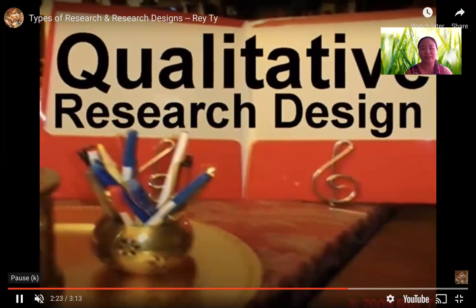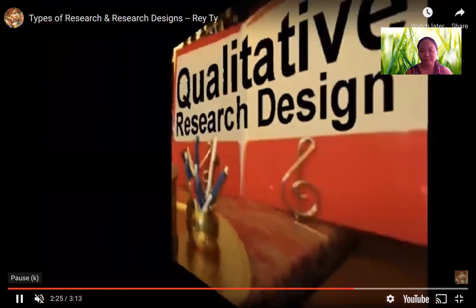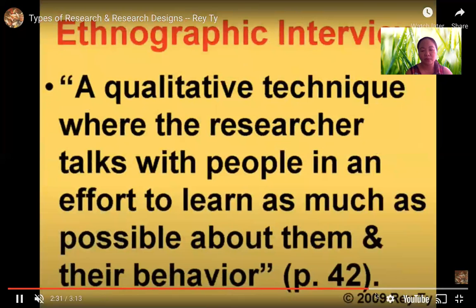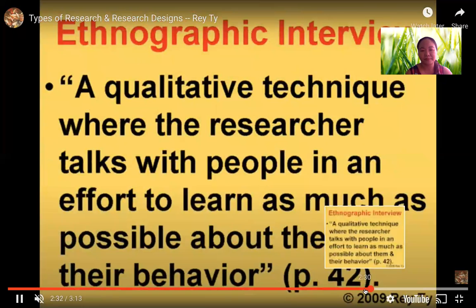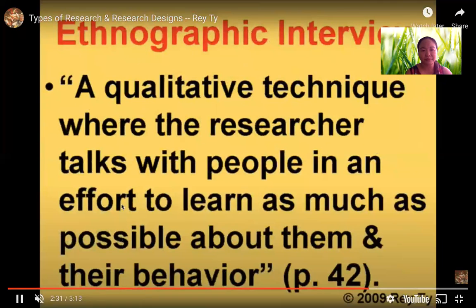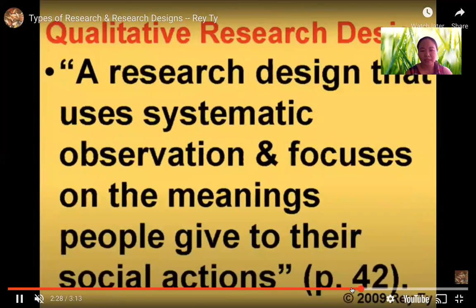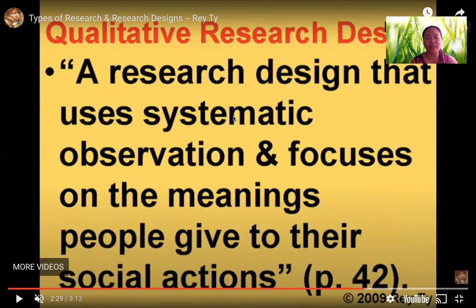So qualitative research design is a research design that uses systematic observation. Again, a qualitative research design is a research design that uses systematic observation and focuses on the meanings that people give to their social action.